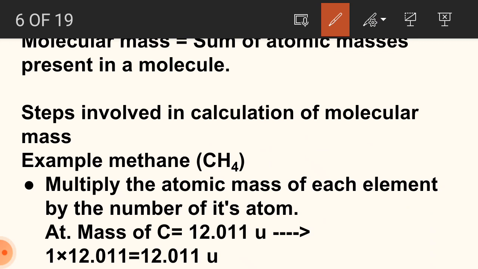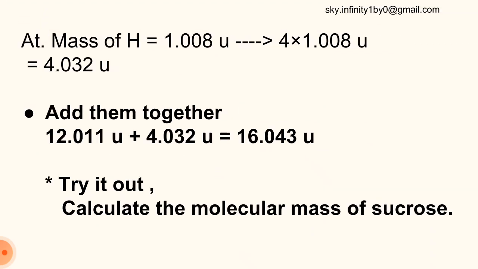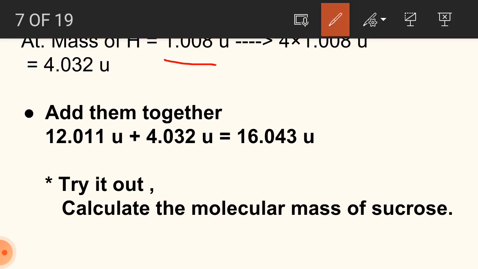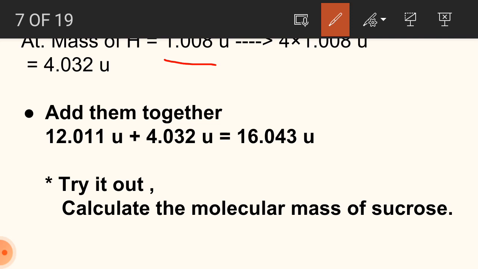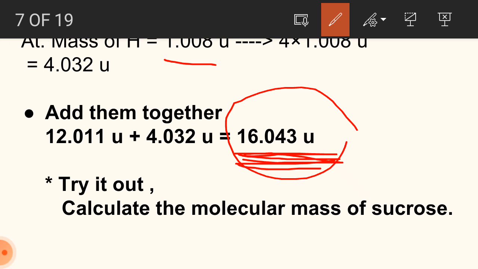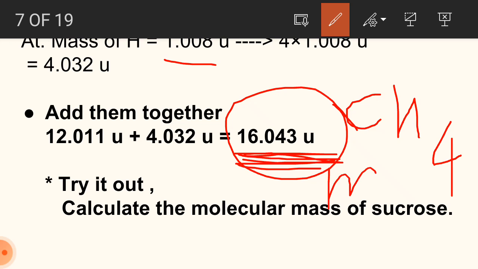Now let's move on to the hydrogen atom. There are all in all 4 hydrogen atoms, and the atomic mass of one hydrogen atom is 1.008 U. So 4 multiplied by 1.008 U is equal to 4.032 U. If we add the atomic masses of these individual atoms, then the result will be the mass of the entire CH4 methane molecule.